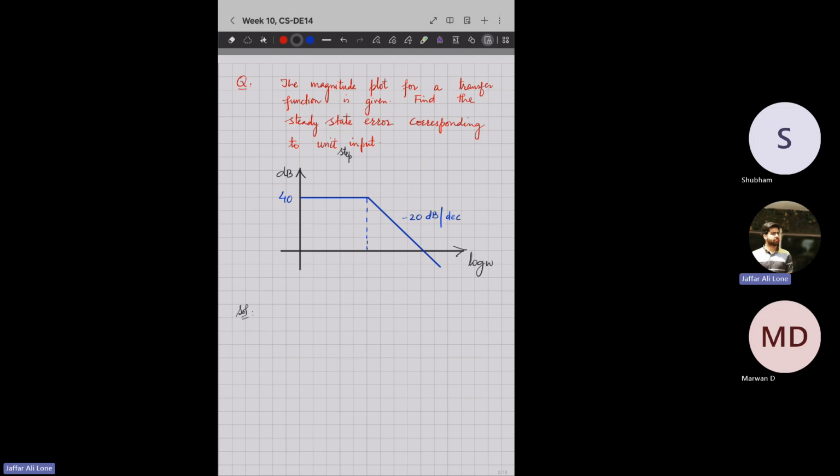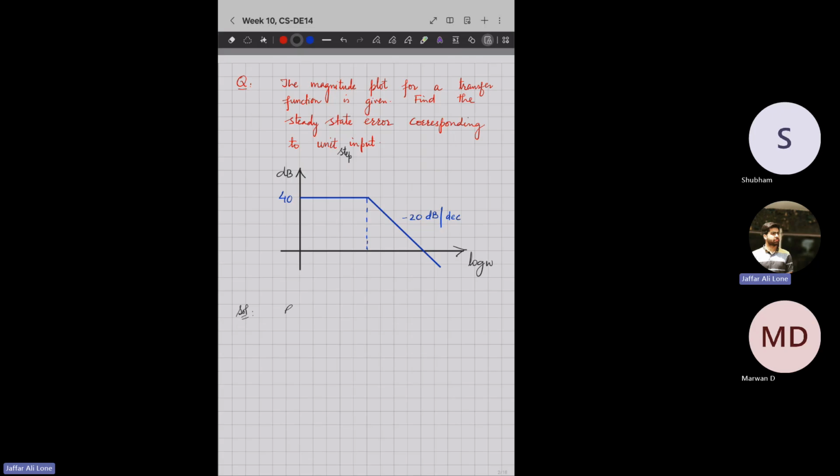Otherwise, for a type 1 system, if you apply unit step input, the steady state error is 0. And for a type 1 system, if you apply a parabolic input, the steady state error is infinity. I hope this is very clear to you, because we have already covered this, and we'll use the formula that we have seen in the earlier weeks. But here the question is in terms of a Bode plot. So basically, we know the steady state error depends on the type of the system.